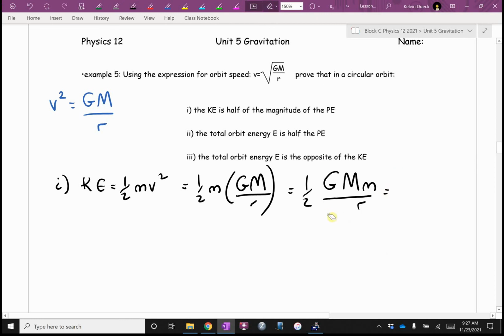But positive. This is 1/2 of potential energy, but positive.